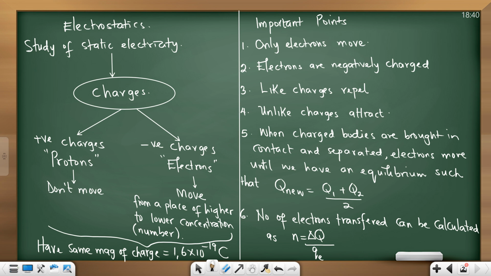Let me write delta Q, which is Q new minus Q old, over QE. And what is our QE? QE is the charge on an electron.